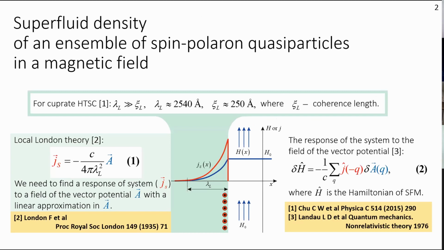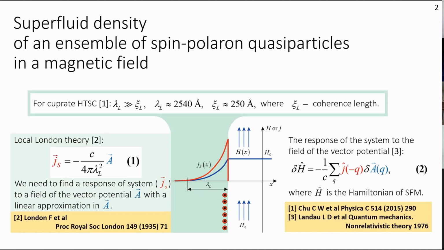As you know, the transition to the state of superconductivity means a drop to zero of electrical resistance with the simultaneous displacement of the magnetic field from the superconductor volume. That is the Meissner effect. The small distance over which the magnetic field still penetrates into the superconductor is called the London penetration depth.